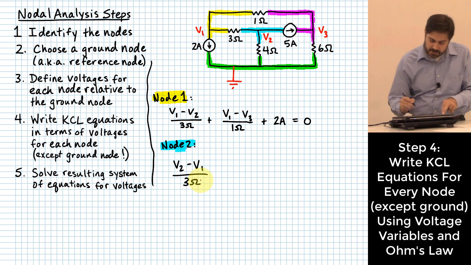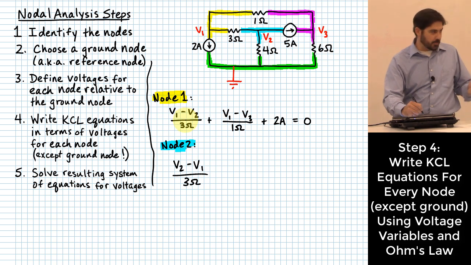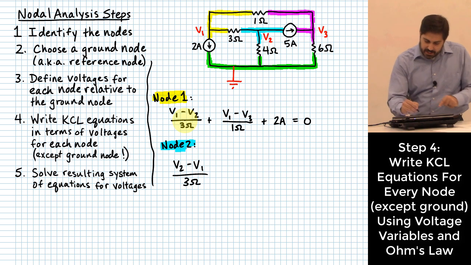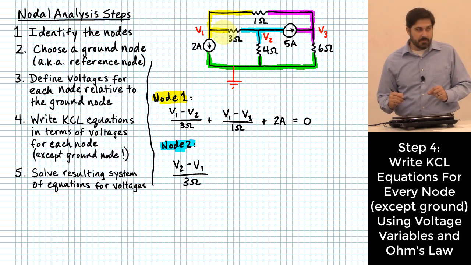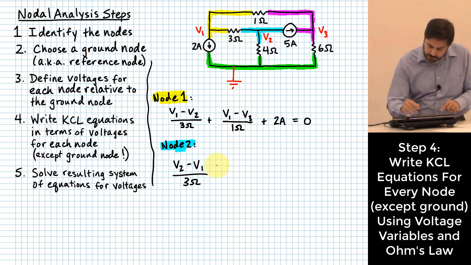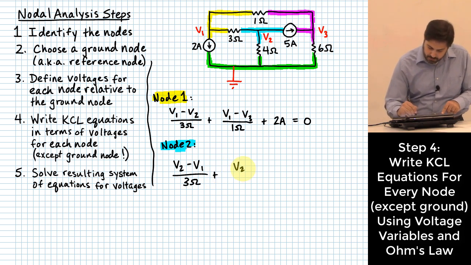See how it is essentially just that first term that I had for node 1, but negated? That would make sense. So that's how much leaves the blue node going toward the yellow node. Then what? Okay, you could do just V2 over 4 ohms.